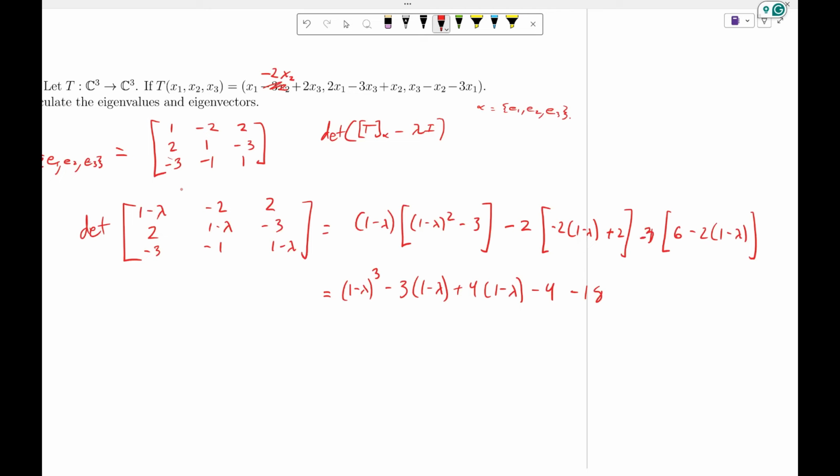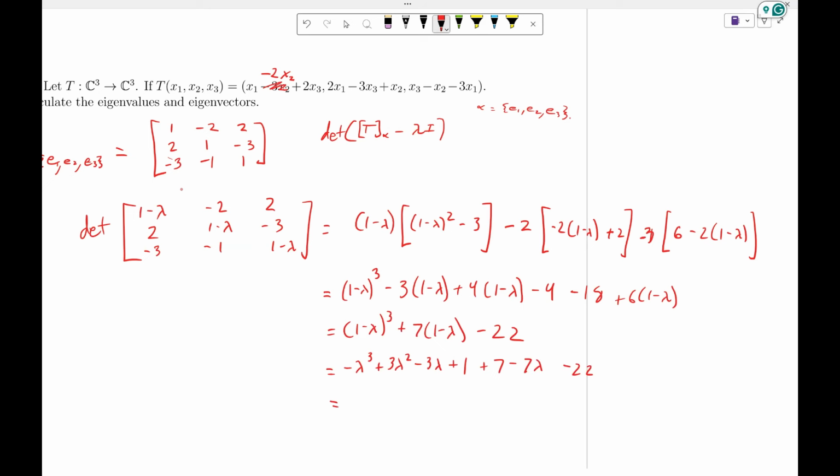So we get -18 plus 6, 1 minus lambda, which is 1 minus lambda cubed plus 7, 1 minus lambda, -22. Now, if we expand this, we get minus lambda cubed plus 3 lambda squared minus 3 lambda plus 1 plus 7 minus 7 lambda minus 22.